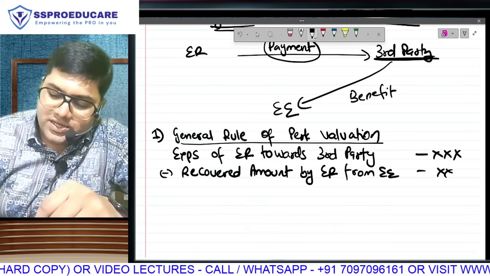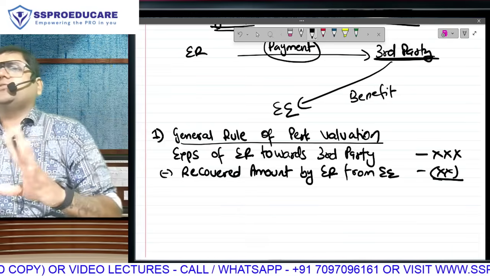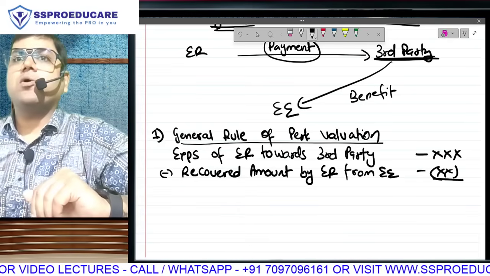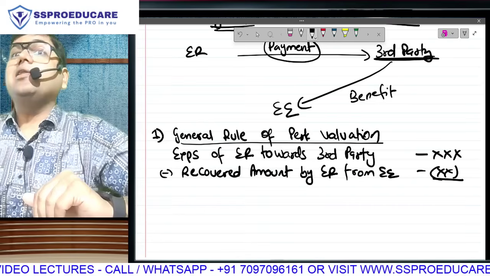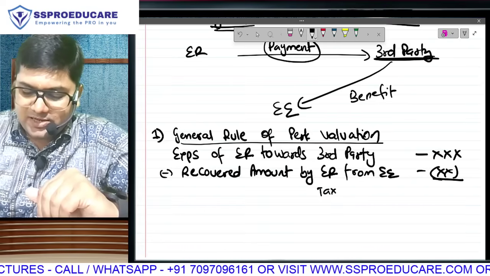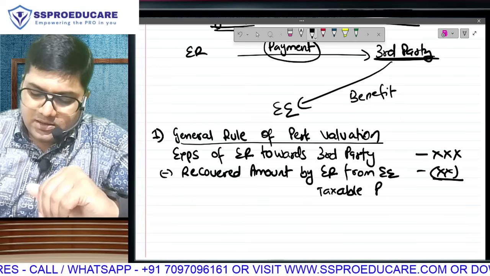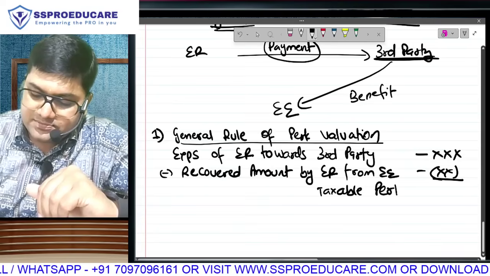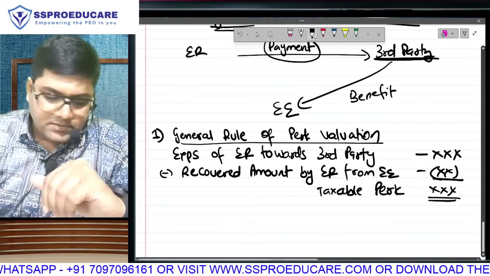And the amount so recovered, think about it logically. Is this portion going from the employee's pocket? If I am paying it, it can't be taxable. So from the taxable perquisite, that much value we will subtract. Take another example with numbers. You will get better clarity.